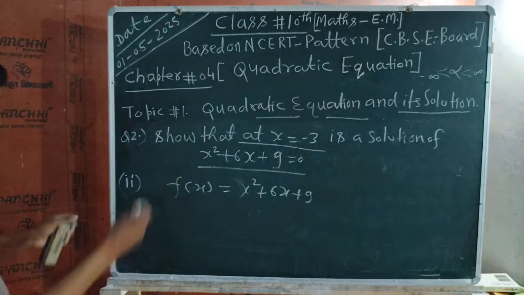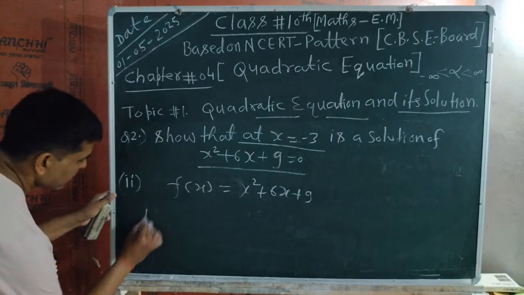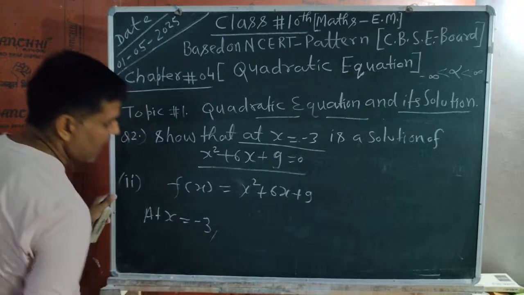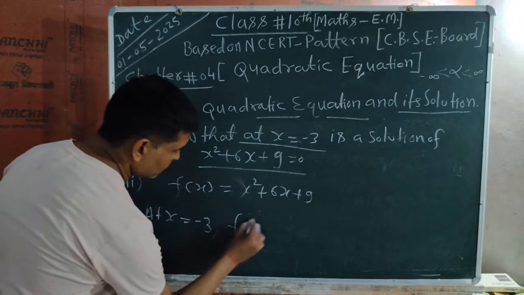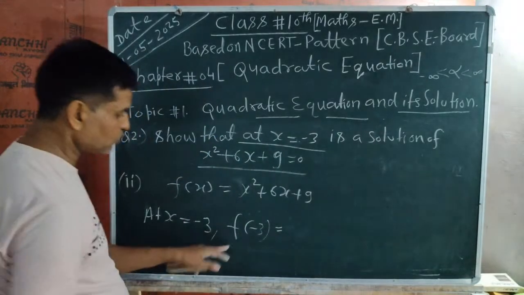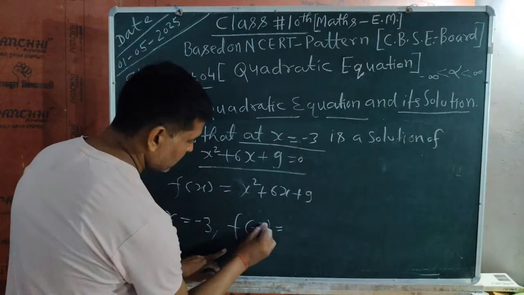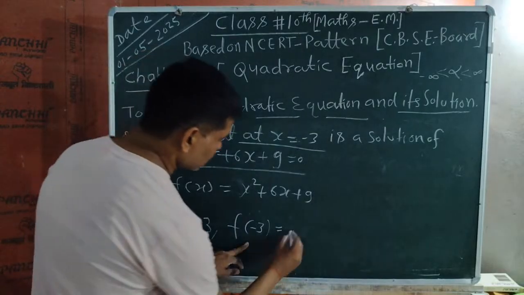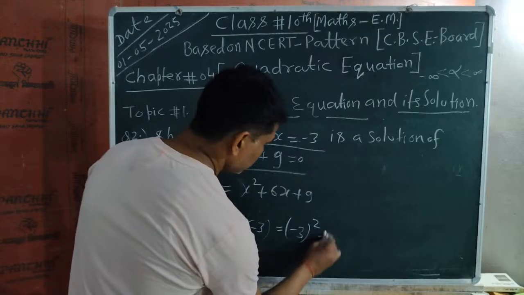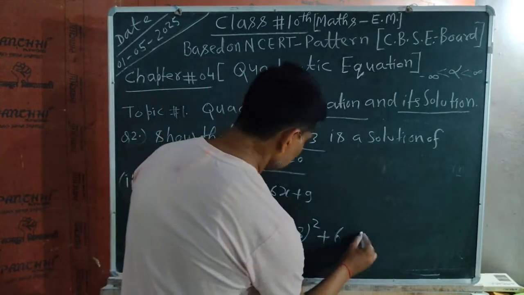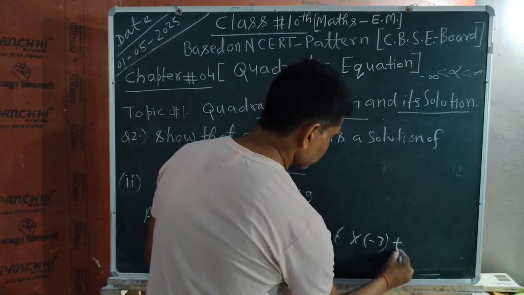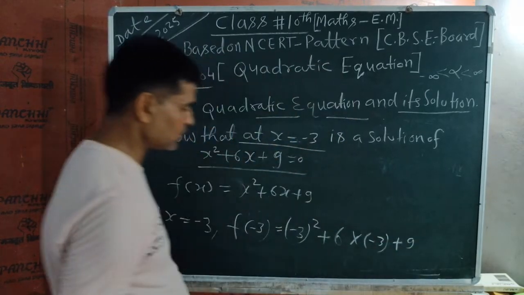Okay student, so now I am going to use x is equal to minus 3. I am going to calculate its value, f of minus 3. So in the place of x, I have to put minus 3. So here I will write minus 3 whole square plus 6 into, in the place of x, I will write in the bracket minus 3, plus 9.